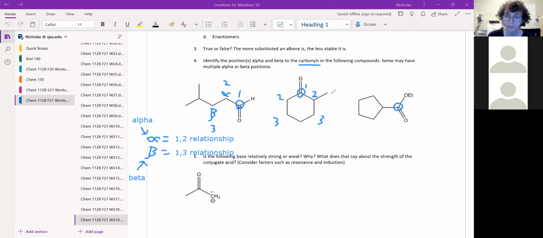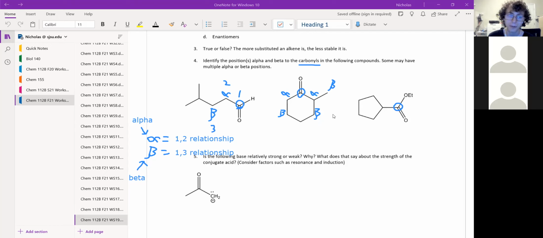And then all of these positions are 2 carbons away from the carbonyl carbon. So you could say those are all beta, and then the ones with the 2s are alpha. So those are all of the alpha and beta spots, and I'll erase the numbers to make it a little more clear. But that is basically the idea.